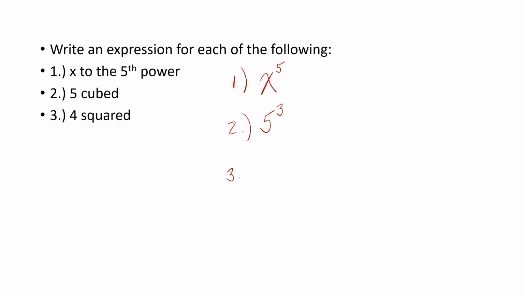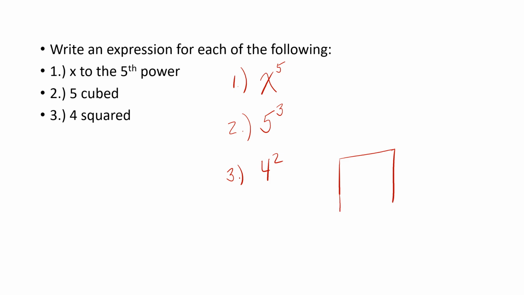For the third one, we have a very common vocab word for squared. And squaring is a shorthand for saying raised to an exponent of 2. Now, I do want to take a little bit of a moment. I do have a short on this if you'd like to see this in another format, but why is this called a squaring? If you picture, it goes back to area.